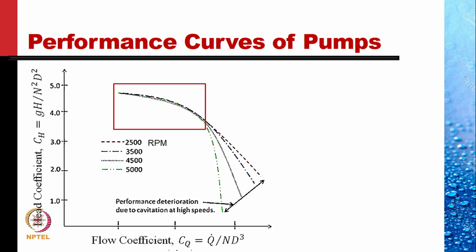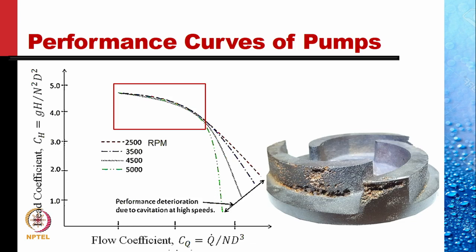The deviation from a single curve, from the predicted curve, is only where the cavitation is suspected. And we don't operate our pumps in this region because of the damage that the cavitation and the resultant collapse of vapor bubbles cause to the impeller.